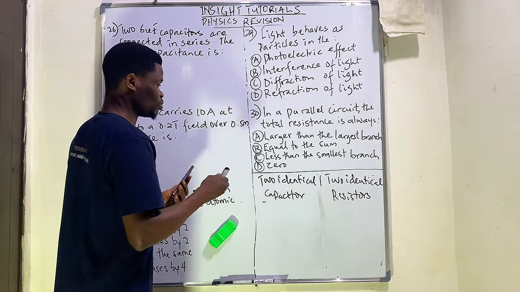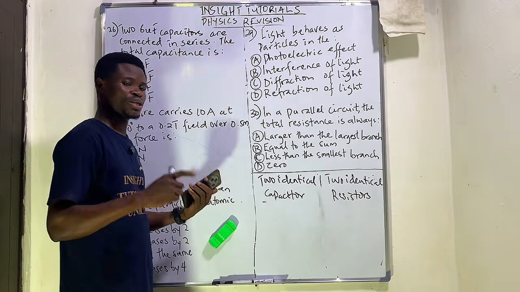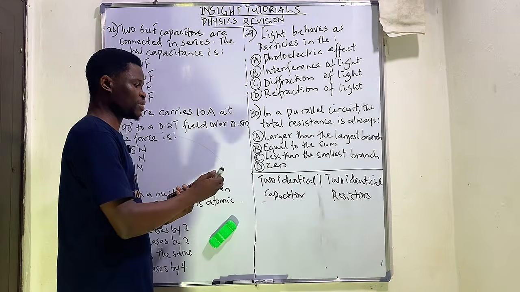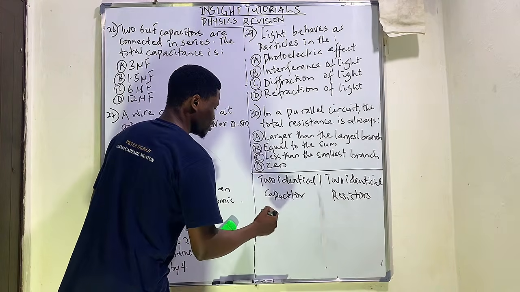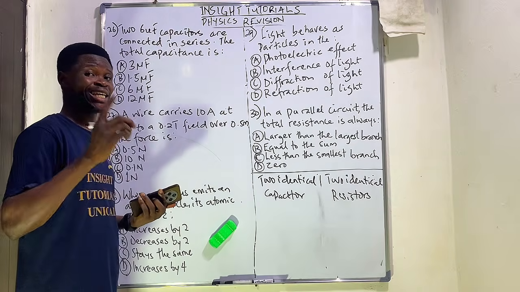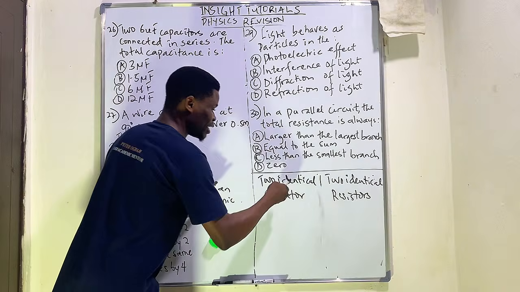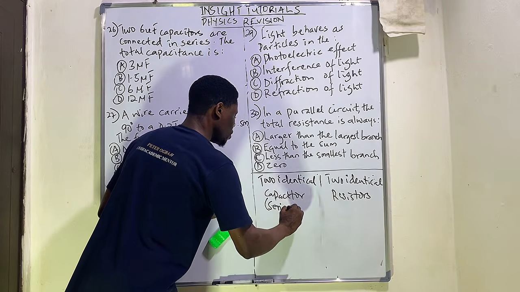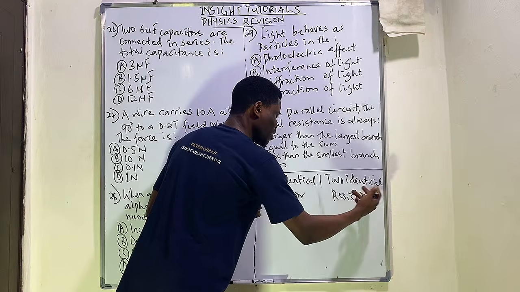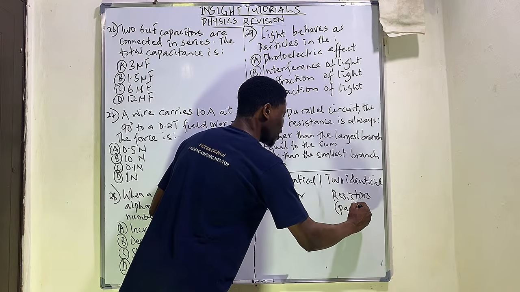Now, for you to be able to, okay, now two identical resistors and two identical capacitors. If it is two identical resistors connected in series, two identical capacitors, let me write the word: in series. Two identical resistors in what? Parallel.